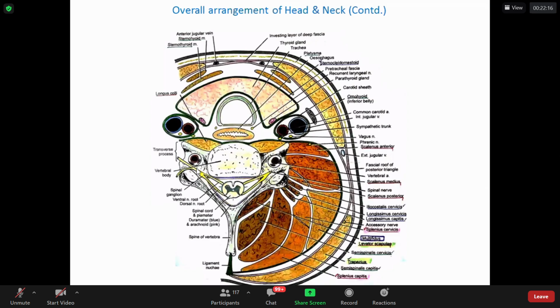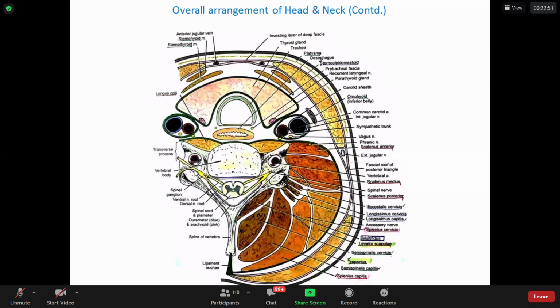The trunk of the spinal nerve is formed in the intervertebral foramen, right? So how is this intervertebral foramen formed? You know it. You have studied it in detail in the thorax, in everywhere. Intervertebral foramen is the space between the superior articular notch of the vertebra below and the inferior articular notch of the vertebra above, where actually the trunk of the spinal nerve is formed.